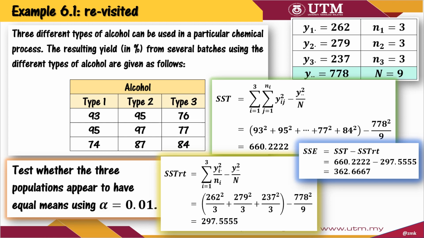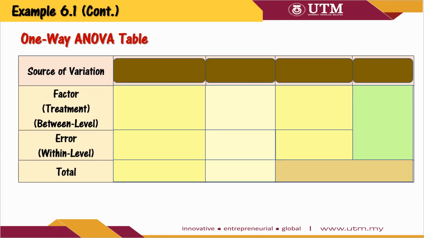Having calculated the sum of squares, you can then construct the one-way ANOVA table as shown in the following slide. After calculating the sums of squares, you can now construct a one-way ANOVA table for example 6.1.